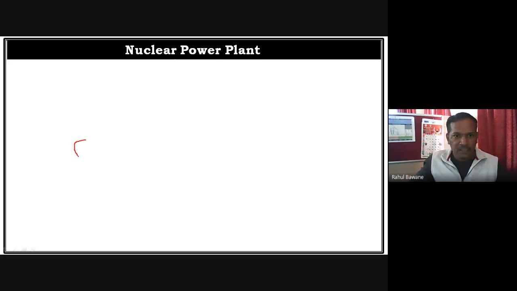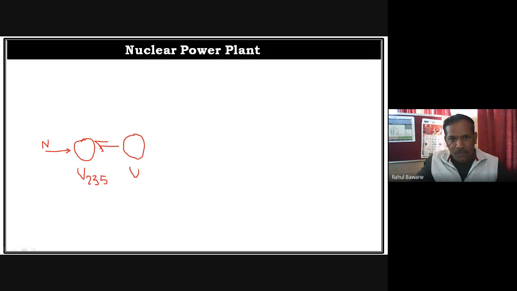So imagine this is a uranium atom, and it has a mass number of 235, U-235. When we bombard this uranium with a neutron, what happens when this neutron is added to it? It becomes unstable.